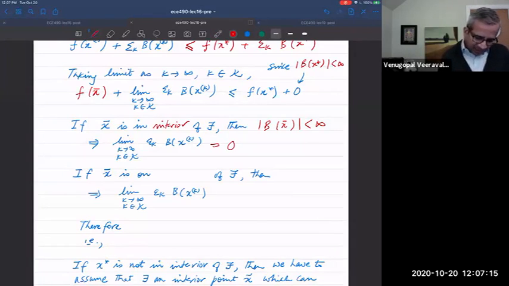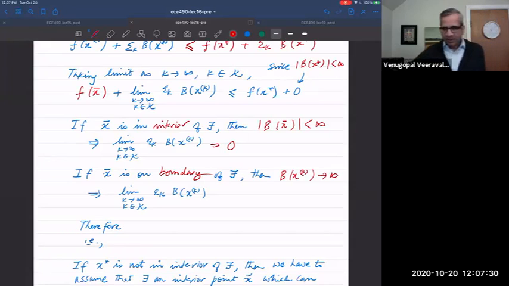Now, what happens if x bar is on the boundary of f? Then the barrier function is going to plus infinity on that subsequence. But epsilon is positive and it's going towards 0.